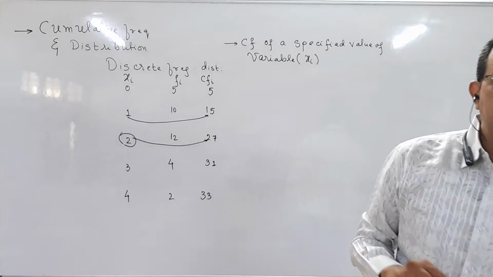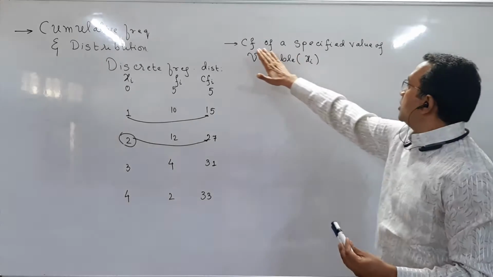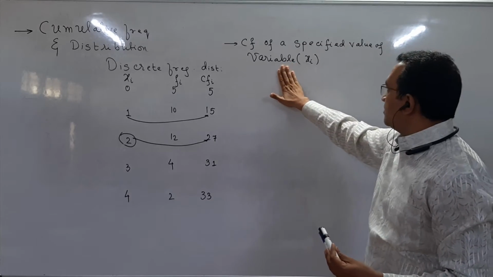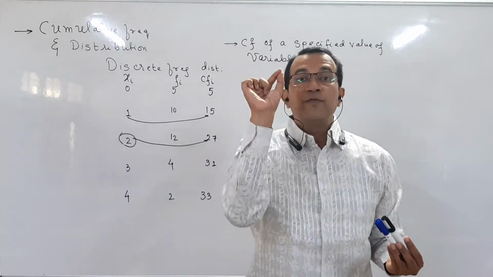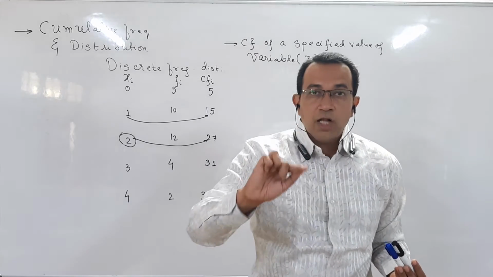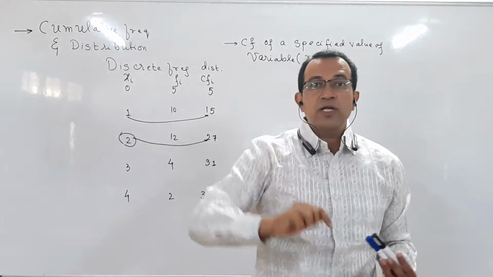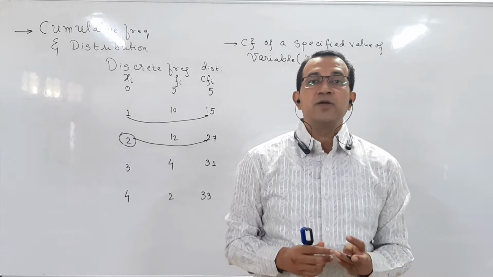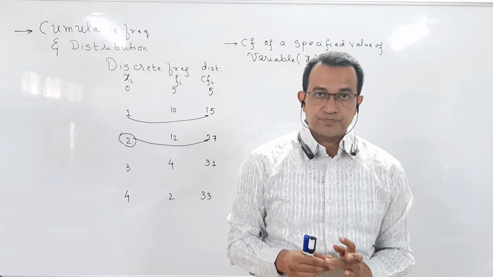So in general, if I am going to define cumulative frequency of a specified value of variable, then I can say the sum of frequencies of all the values of xi which are less than or equal to a specific value is called cumulative frequency of that specified value of variable.